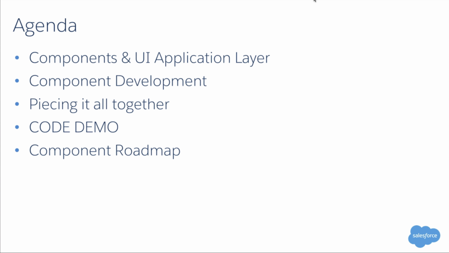So I'm going to go over this. I'm going to help you understand how the components work, how to actually do that development, piecing it all together, and then doing some actual code. And we're going to go through that, and of course, finish off with everything that everybody asks a product manager, which is what is the roadmap and what does this look like?